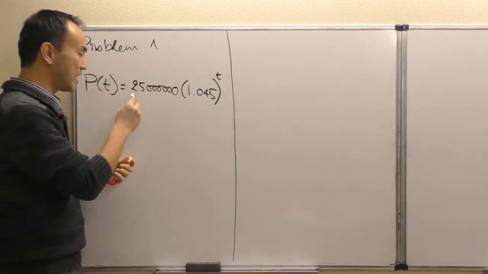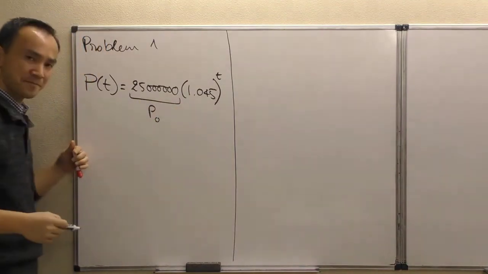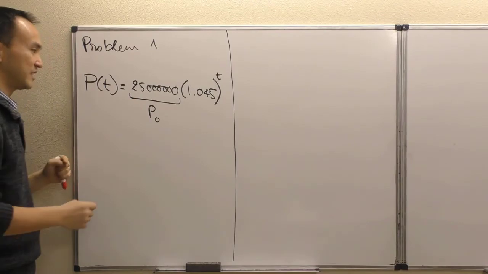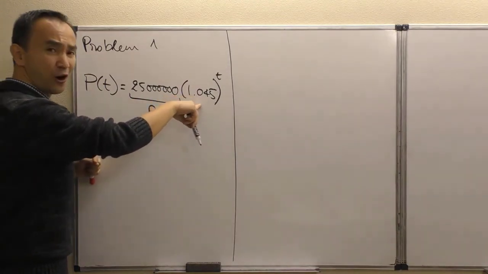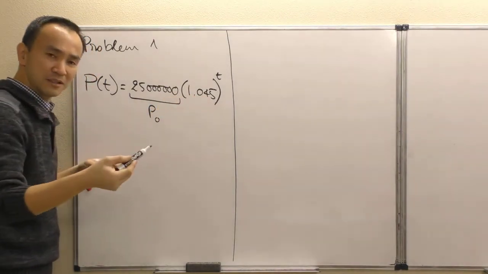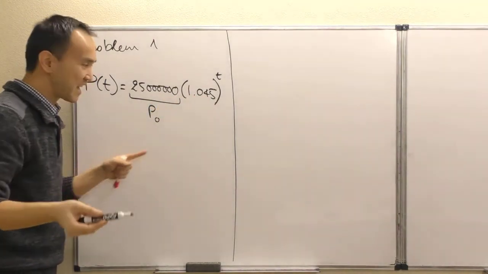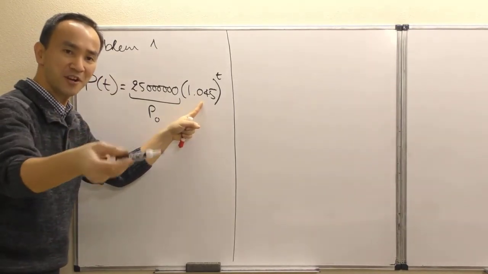So this was what I call P sub 0, the initial amount right here. And then that 1.045 was called the growth factor, and this 0.045 came out from the growth rate being 4.5% each year.